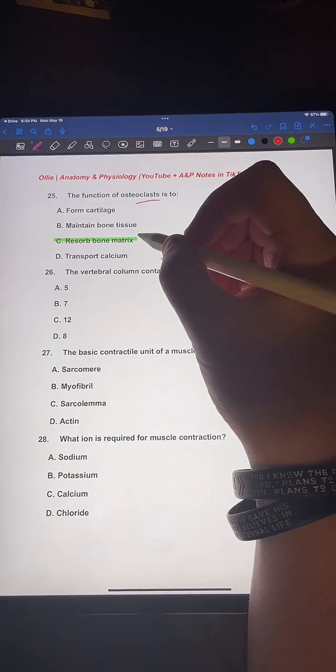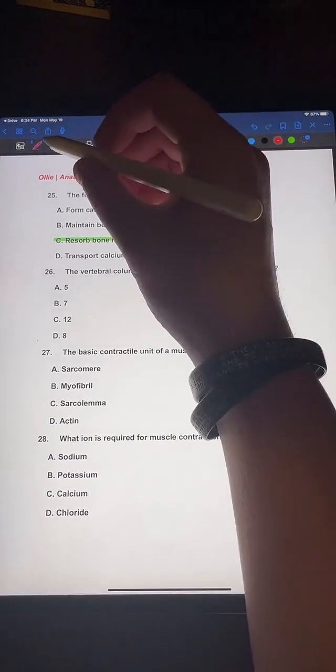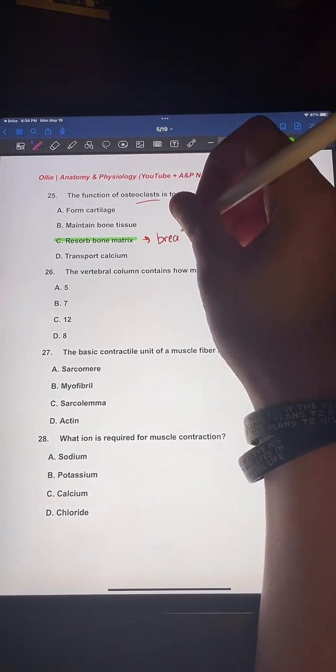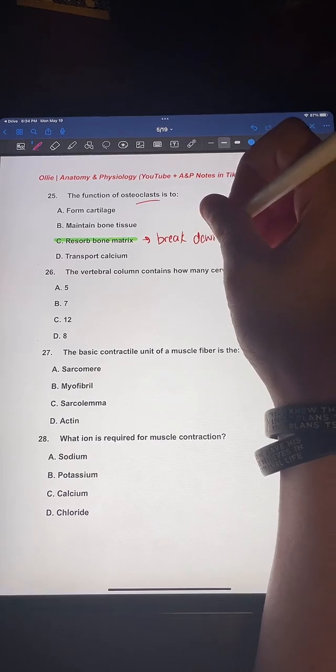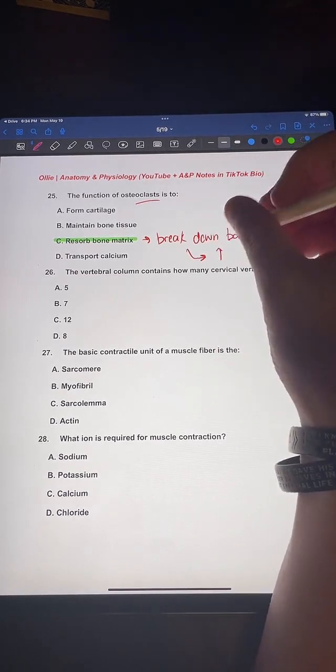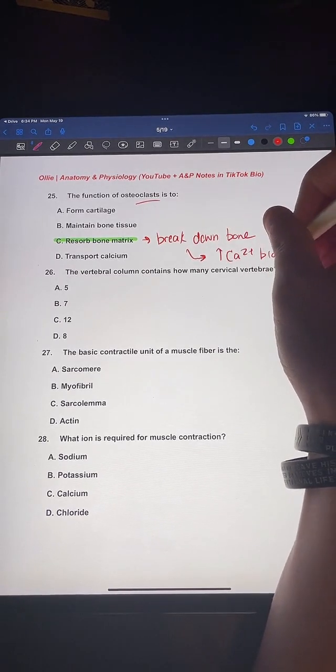But C, it is to resorb bone matrix. So resorbing bone matrix typically means to break down bone, which is going to release our calcium into our blood.